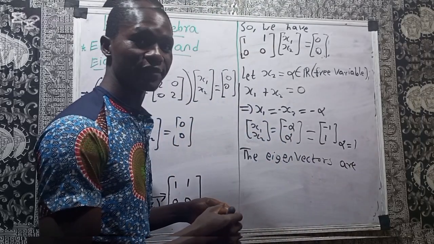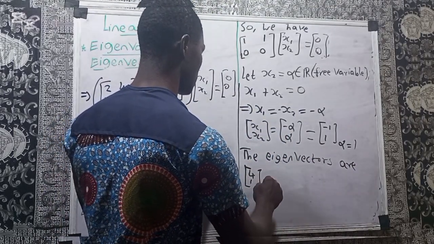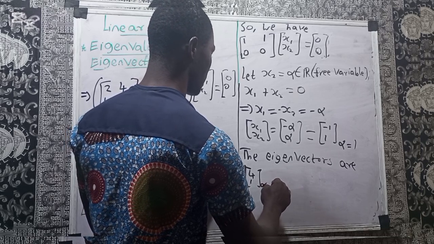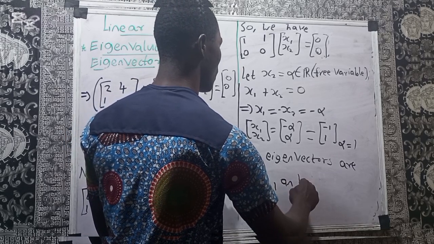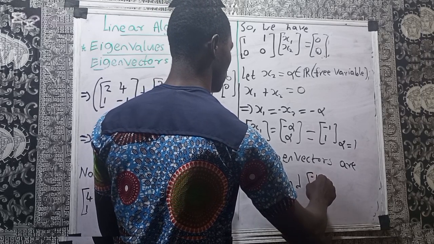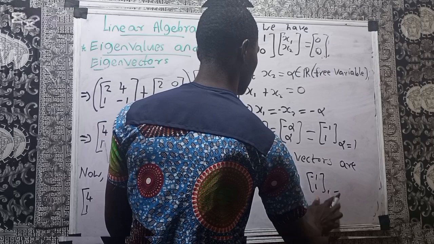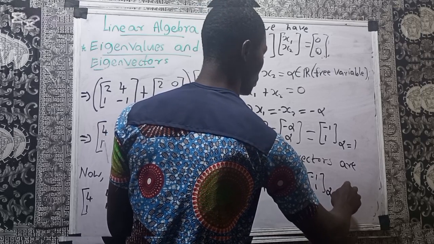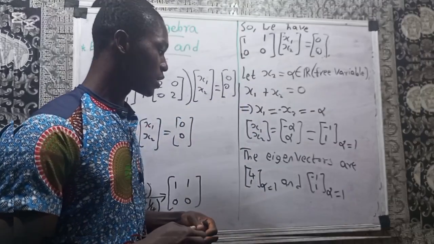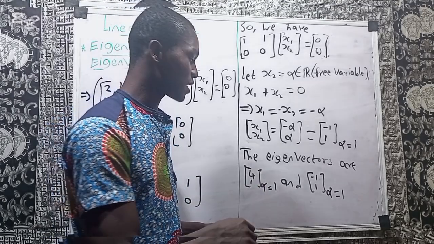The first eigenvector we got was this at alpha equals 1, and the second one you have here at alpha equals 1. So these are the eigenvectors we got when we choose alpha to be 1.